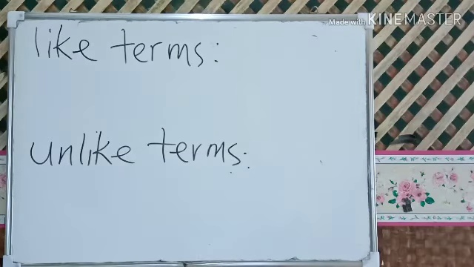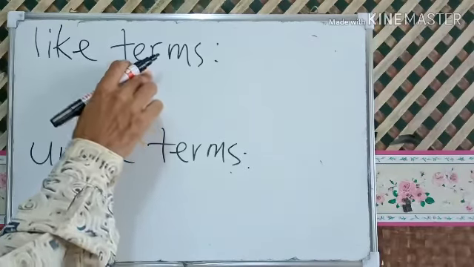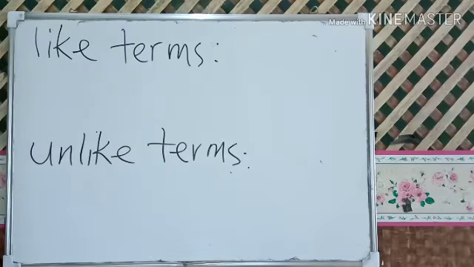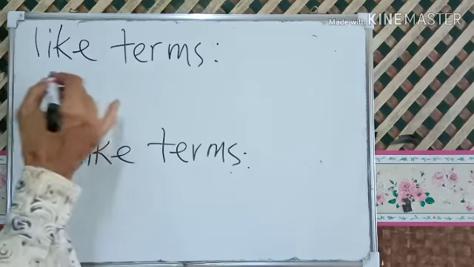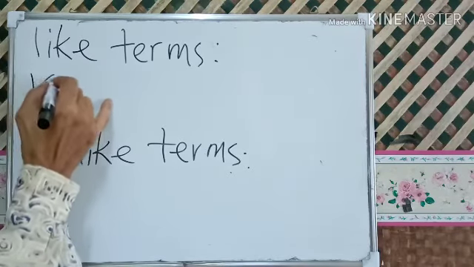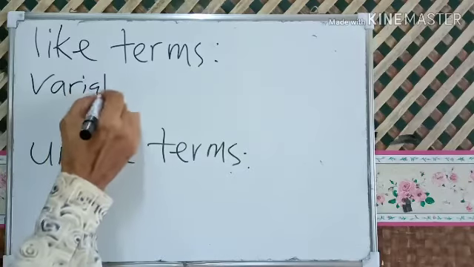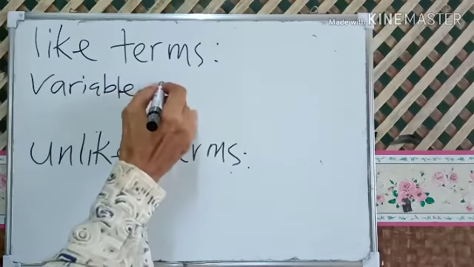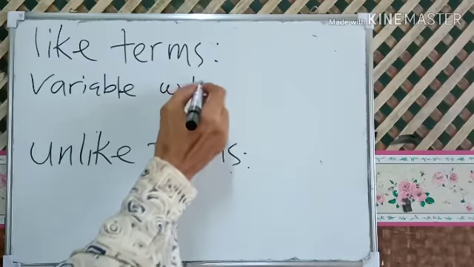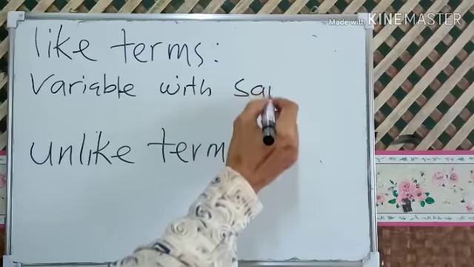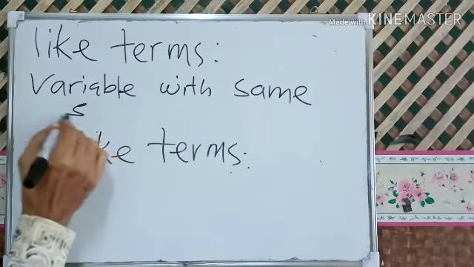Like terms, unlike terms. A like term is a variable with the same symbol.